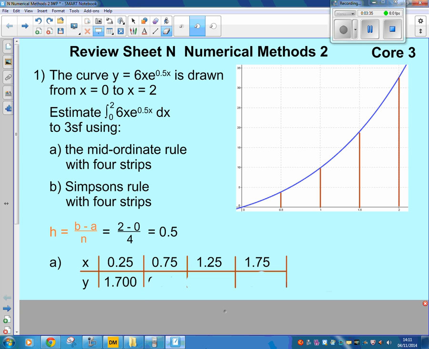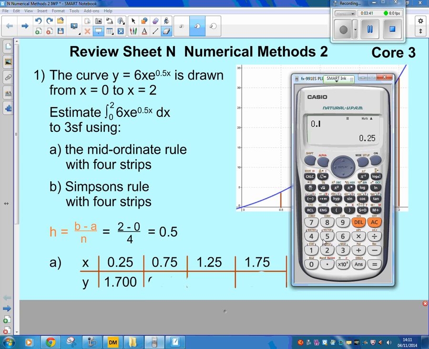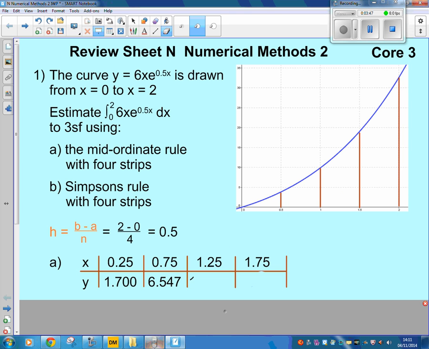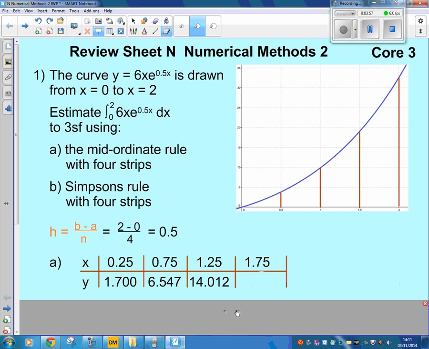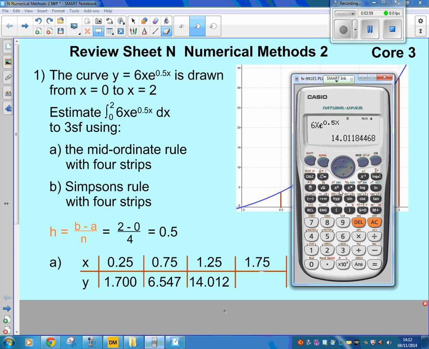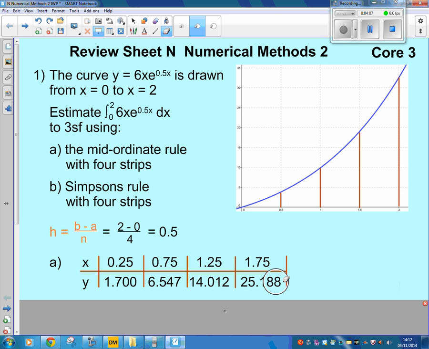Do the same thing again, calc 0.75 equals 6.547. Calc of 1.25 is 14.012, and then finally calc of 1.75 is 25.188.